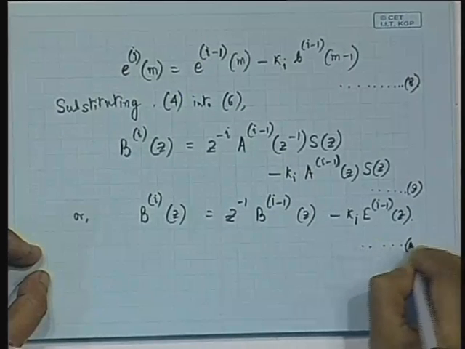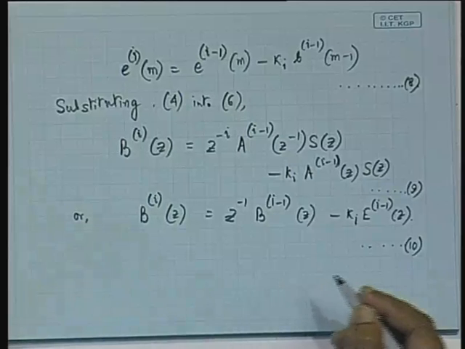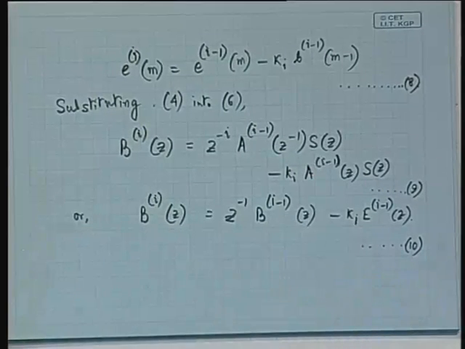This we are going to call equation number 10. So even in the z domain you can identify what we are trying to do: it is the ith backward prediction error that we are expressing in terms of the I minus 1th backward prediction error and the I minus 1th forward prediction error.